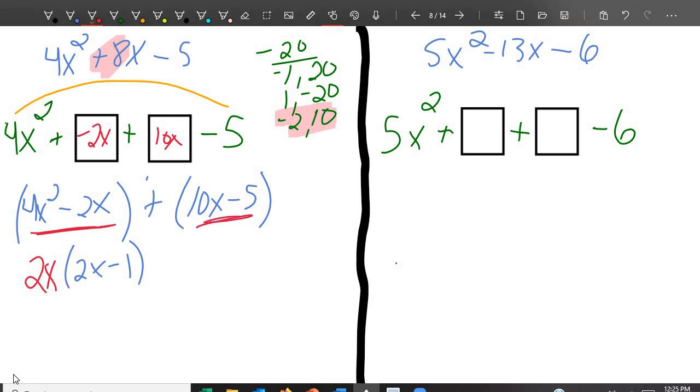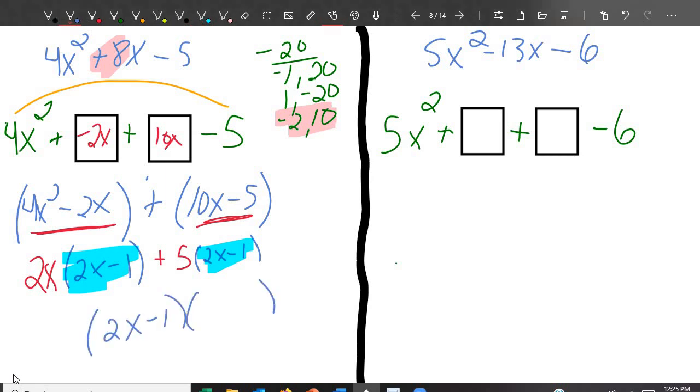The second parentheses, they're both divisible by 5, so we're going to factor out a 5, and we're going to be left with 2x minus 1. So again, they have to match, and they do. So that is one binomial in the answer. The other binomial is what I've got written in red, the 2x plus 5. This is my final answer.